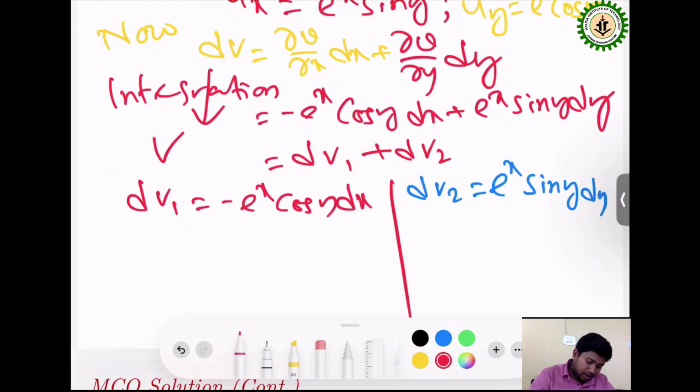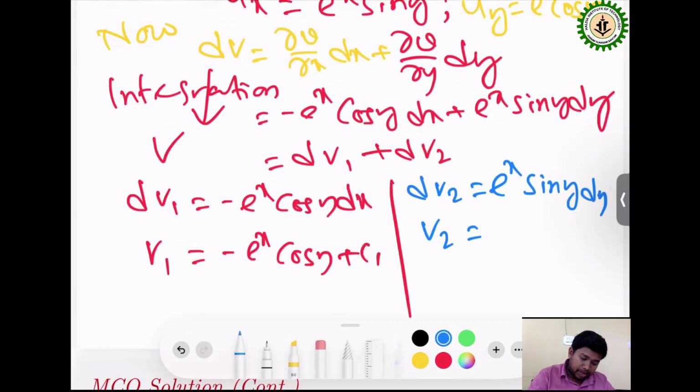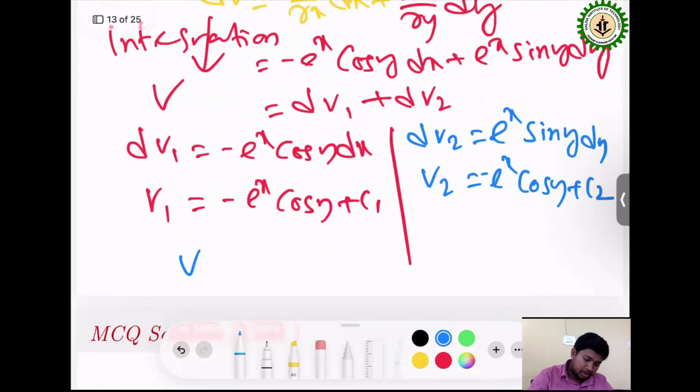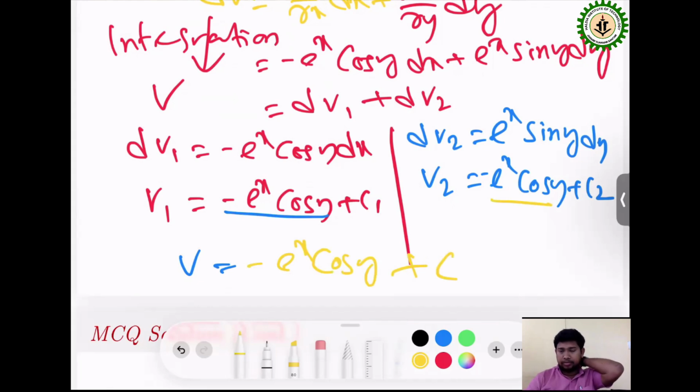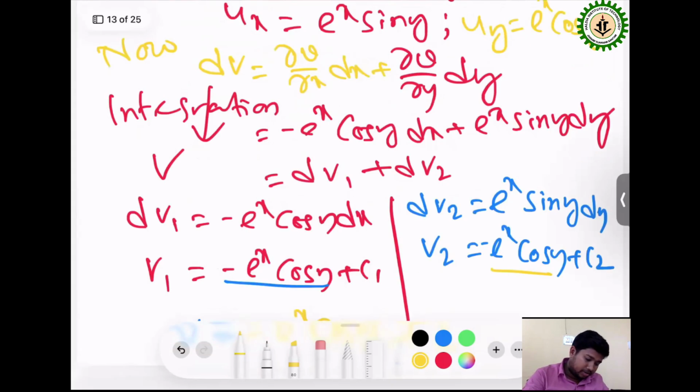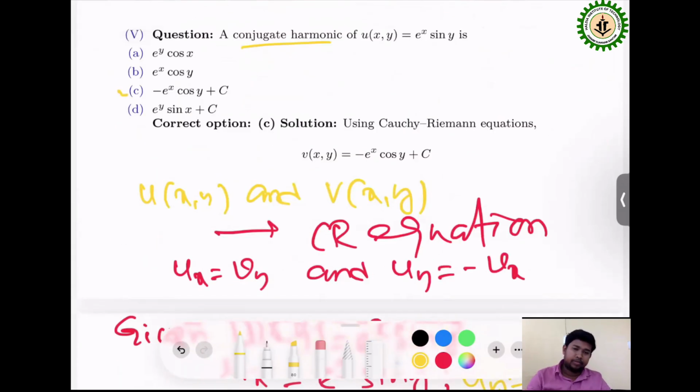Integrating, v1 equals minus e to the power x cos y plus c1, and v2 equals e to the power x times minus cos y plus c2. So what is your v? Due to the common term, v equals minus e to the power x cos y plus arbitrary constant c. So your answer is minus e to the power x cos y plus c.